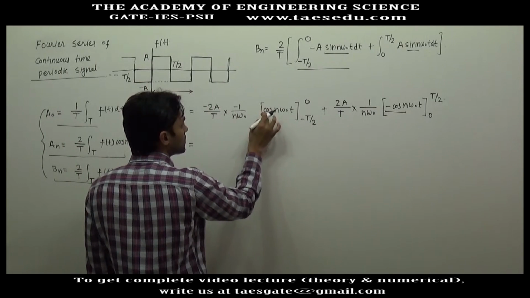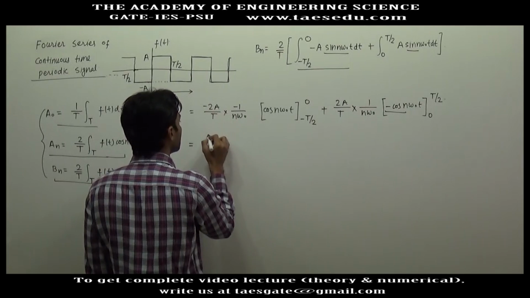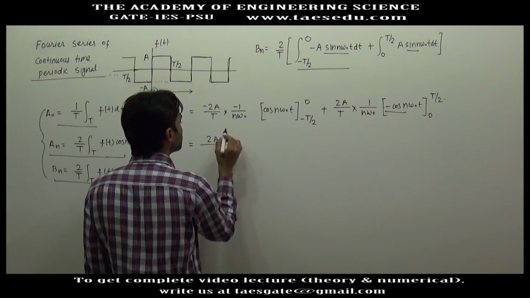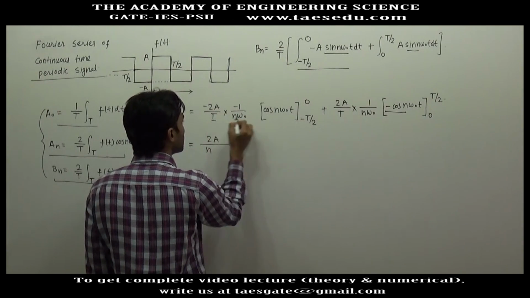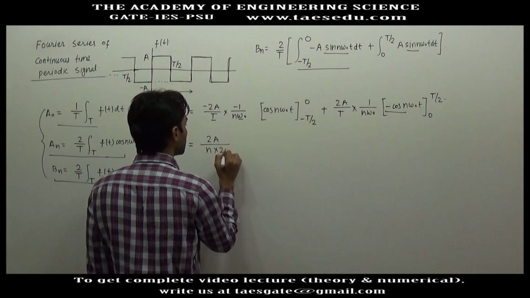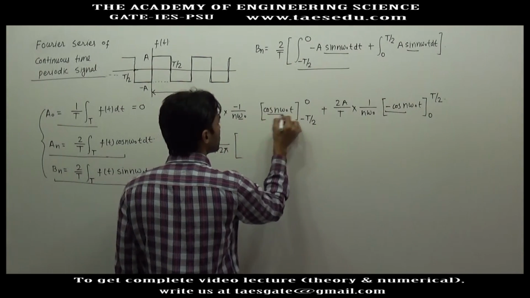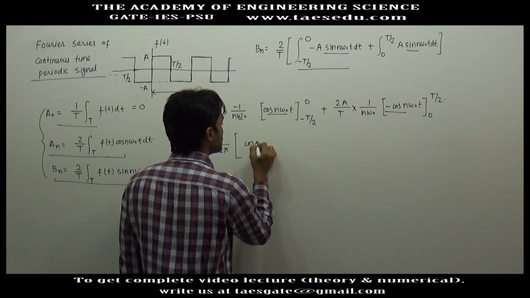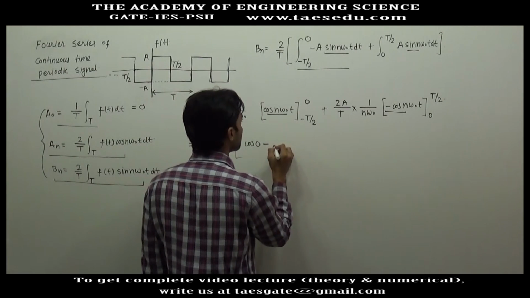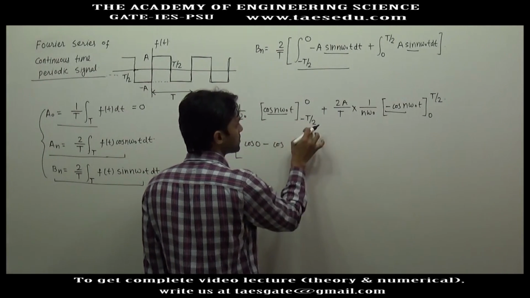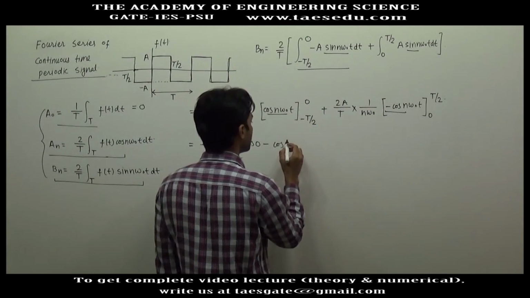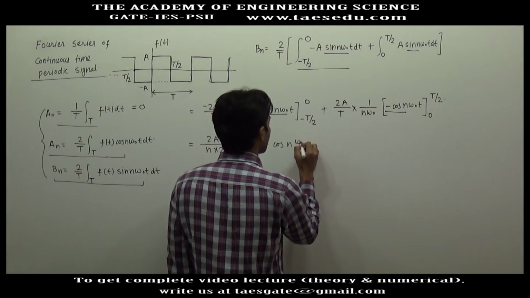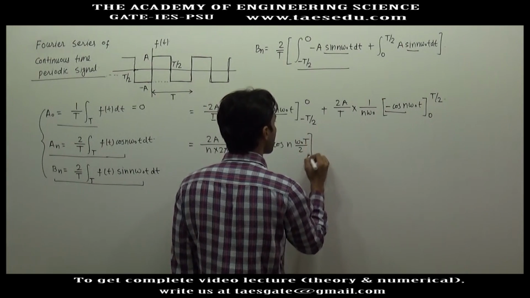In this term I have taken the minus out, so this will be 2A by n, and omega naught into T will be 2 pi. Here we will have cos 0, which is 1, minus cos of minus n omega naught T by 2, and since cos of minus theta is cos theta, I will not take the minus.